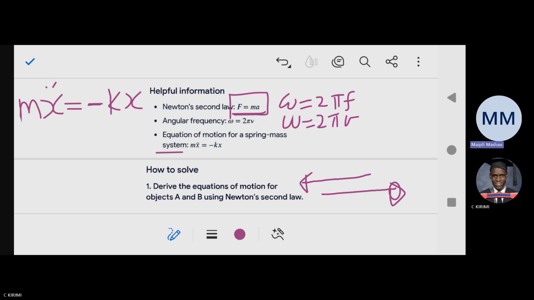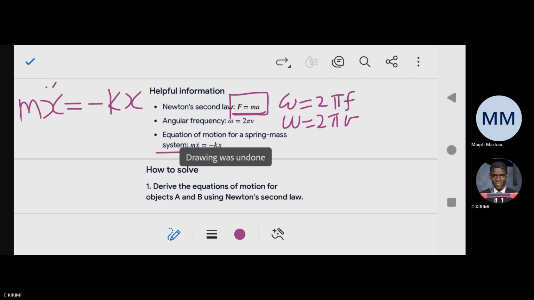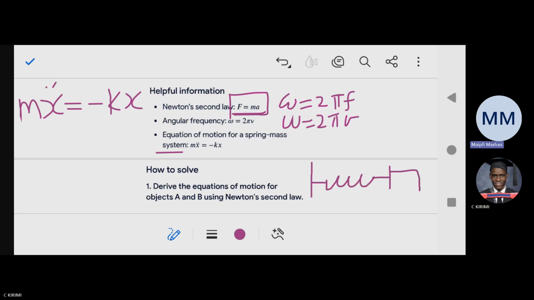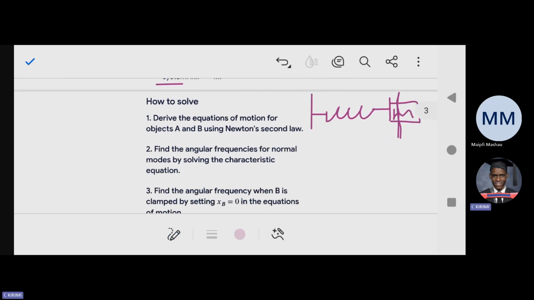Can you please explain that again? When a mass is attached to a spring like that, the reason it's minus is this: the spring is at equilibrium, it has not been compressed. If I compress the spring, now it's here.